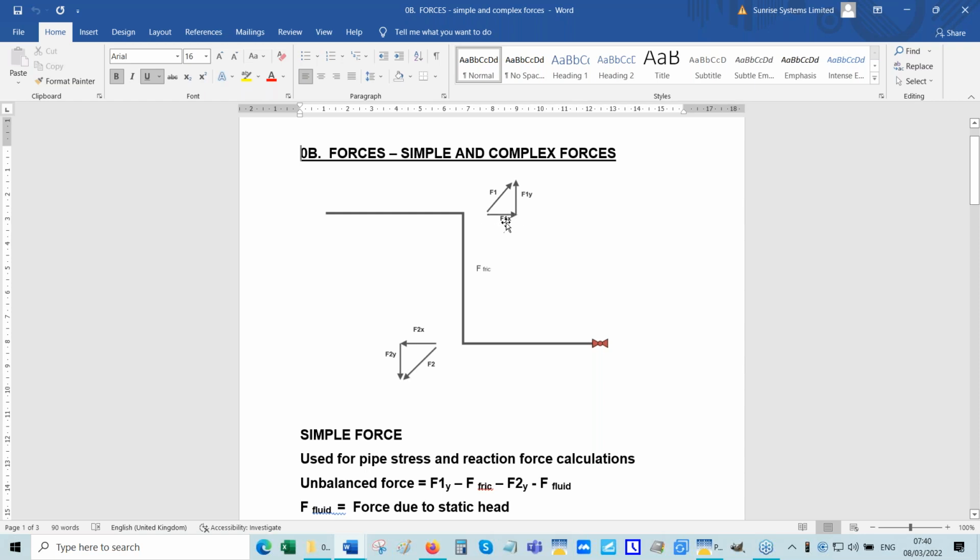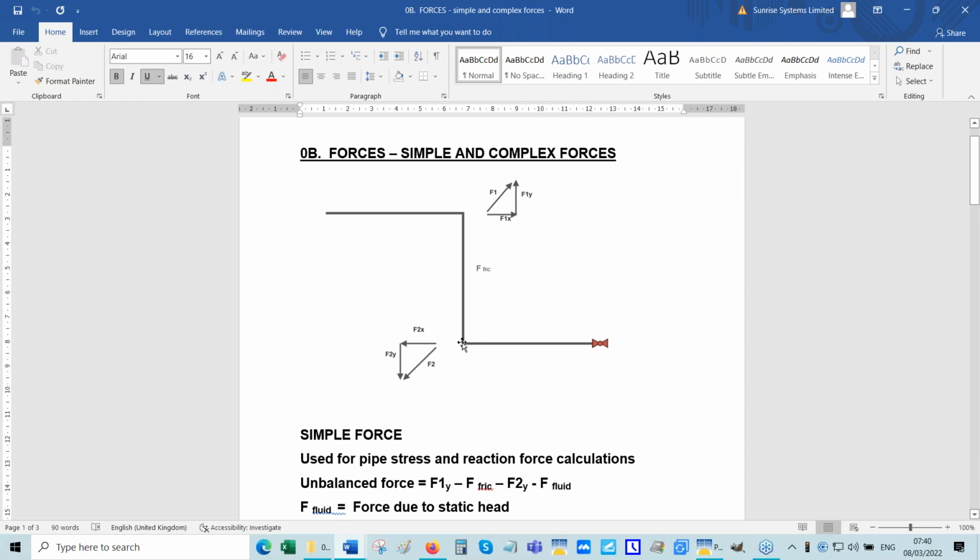Forces such as F1x and F1y, which are in the direction of the pipe, are called simple forces. Essentially, that's what a simple force means. Whereas F1, which is a vector in 3 dimensions, is called a complex force. Those of you who have some familiarity with pipe stress analysis will know that we work with unbalanced forces in straight pipe sections.